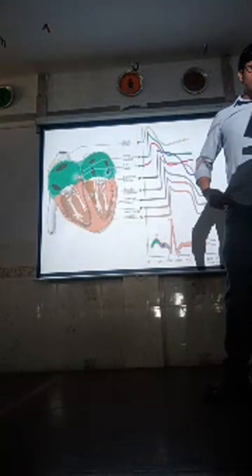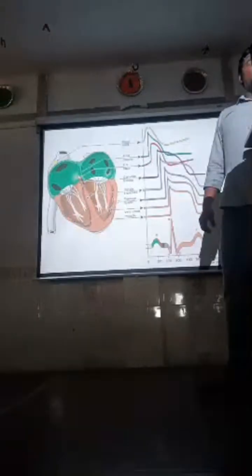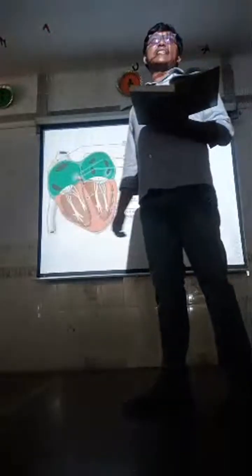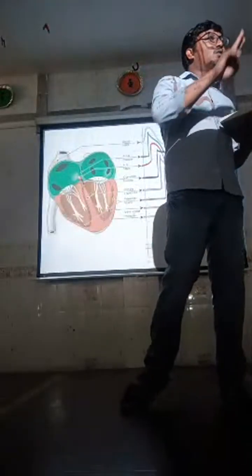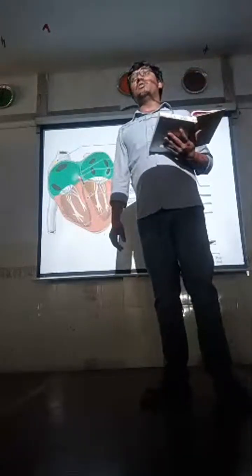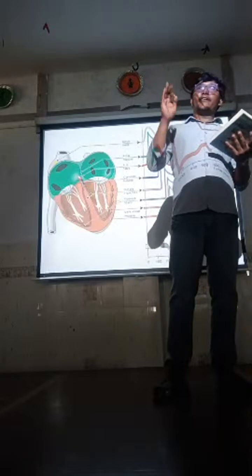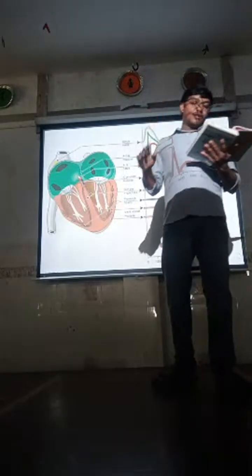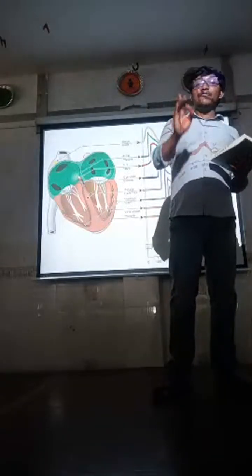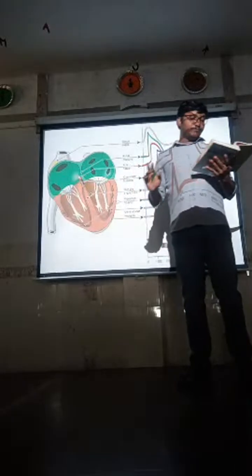Now what is the isometric contraction period? What is ejection? Ventricular systole is divided into two phases. The first phase is called the isometric contraction phase or period, and the second phase is called the ejection period.